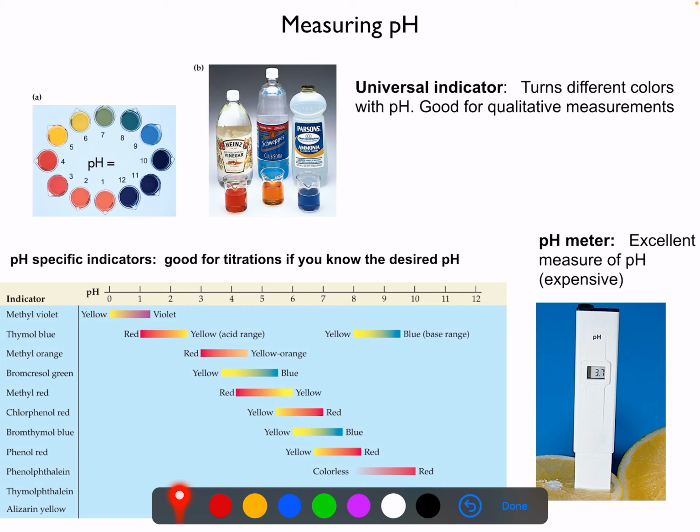So a common one that people use is phenolphthalein down here, right? So this one is actually colorless until pH of just above 7, and then it turns pink and then goes to red. Right, so finally, there's a pH meter. These are expensive, but they do a great job. You can just stick it in solution, and in this case, it's going to directly tell you the pH through a measurement.